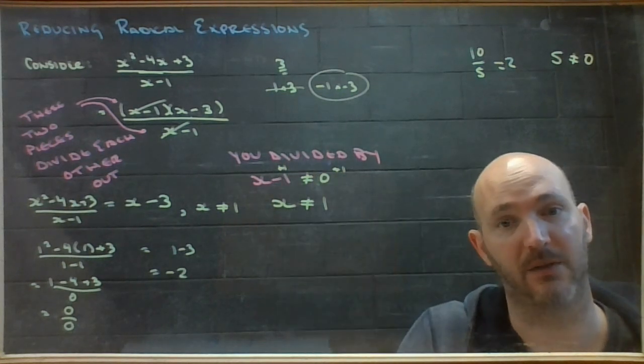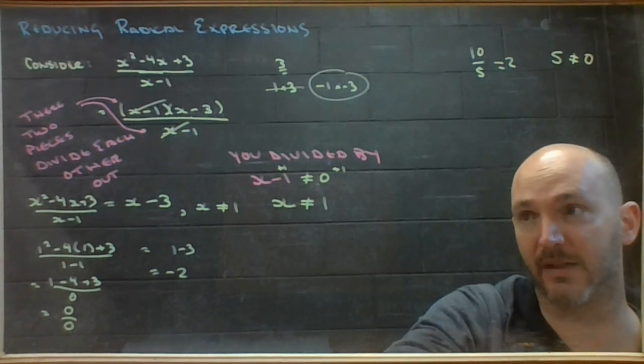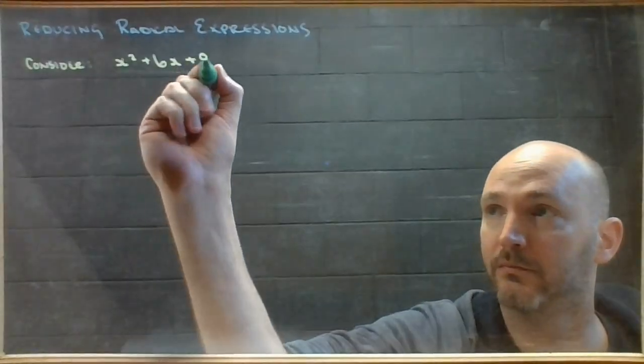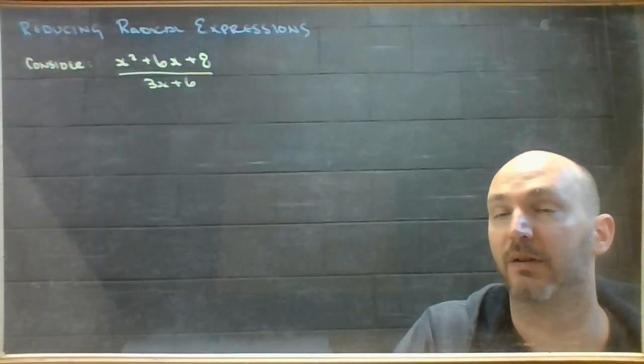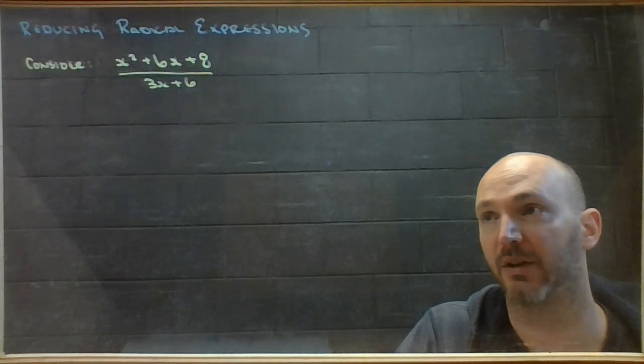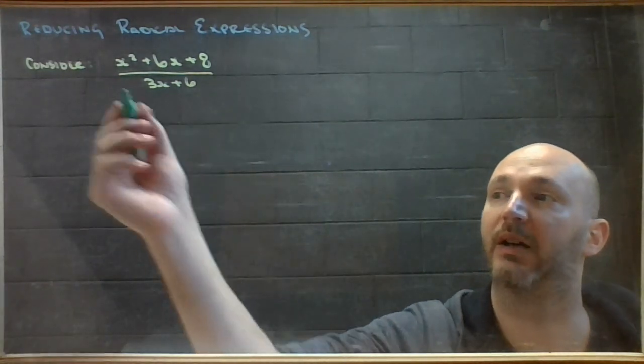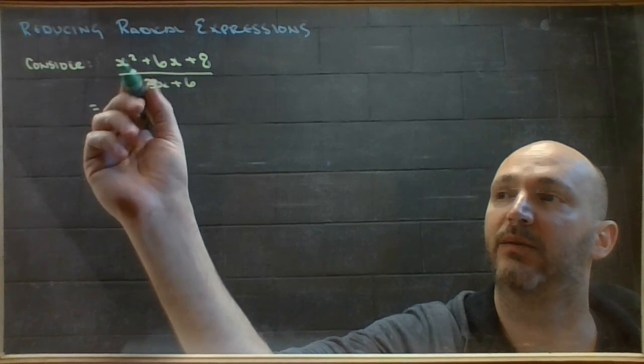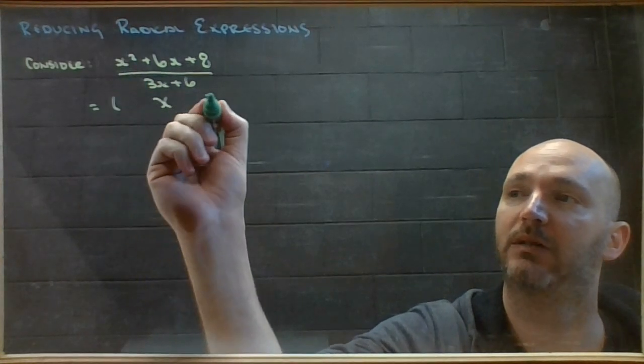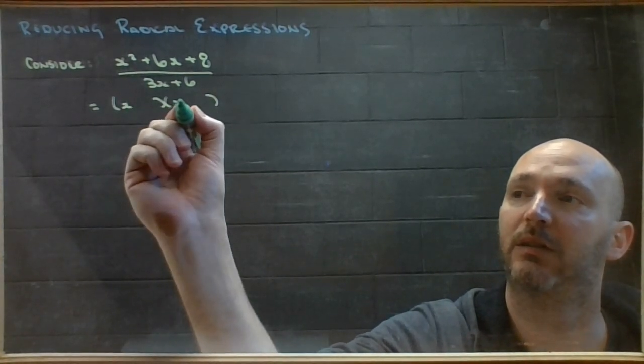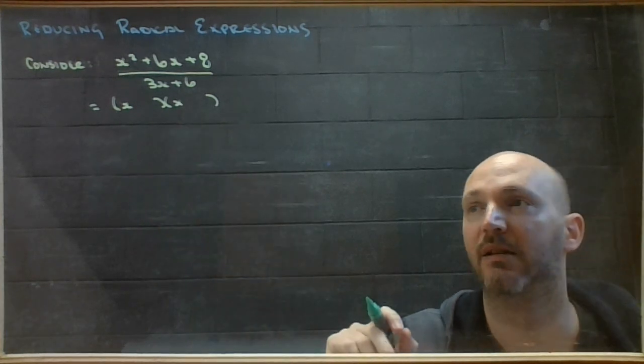So I'm going to clear this off and we'll try another example. So I have another trinomial over top of a linear term. So I'm going to try doing some factoring. Factor the top. I need an x and an x.